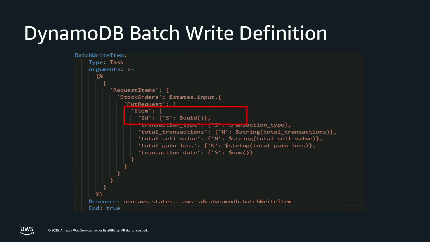And the next item is inside the item, we have this unique ID, which is the UUID, which is a unique ID that we can use as part of this DynamoDB insertions, because we want every transaction to have that unique ID, right? And it's a defined function that you already have. And then you map the rest of the stuff as string or number, and you map it out.